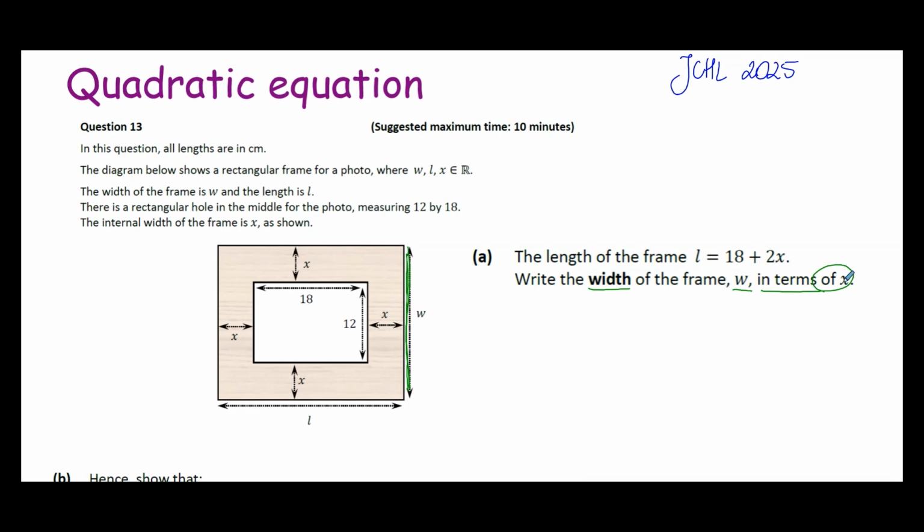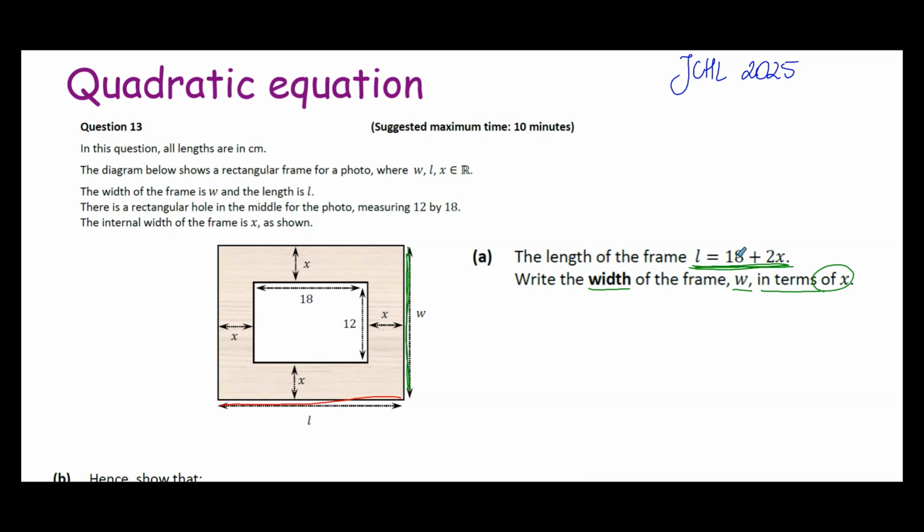When they are giving you what to do, very often they are also introducing information. Here they are saying the length of the frame, L, is equal to 18 plus 2x. So here they are giving you the clue. That's the way you have to think about the width. So let's consider what they are saying. This is the length.